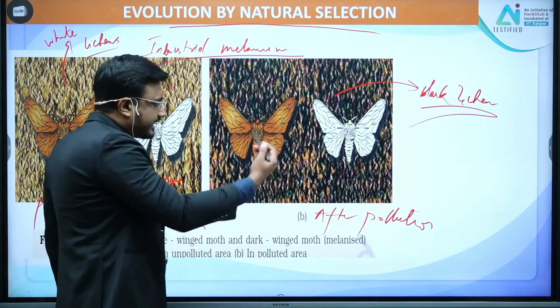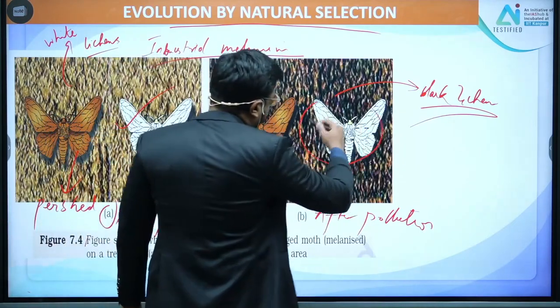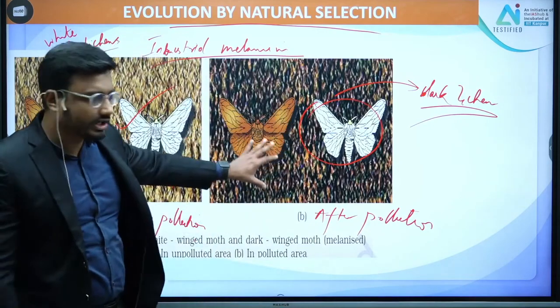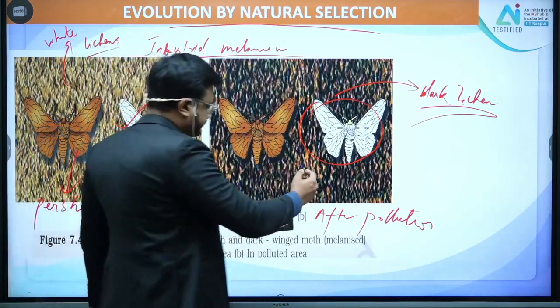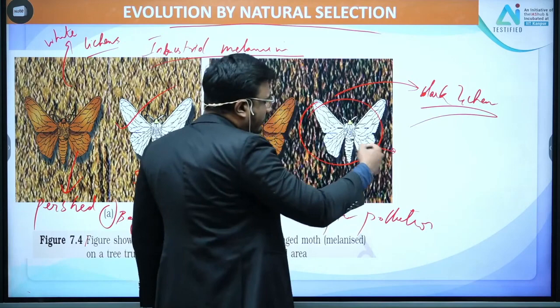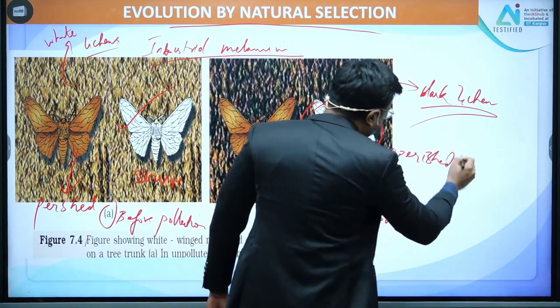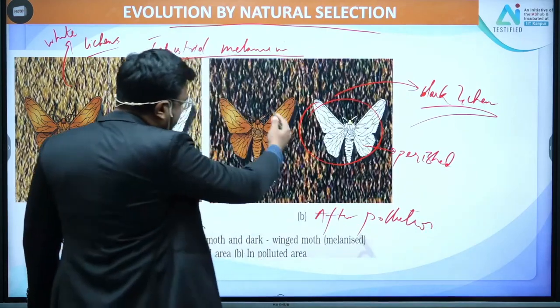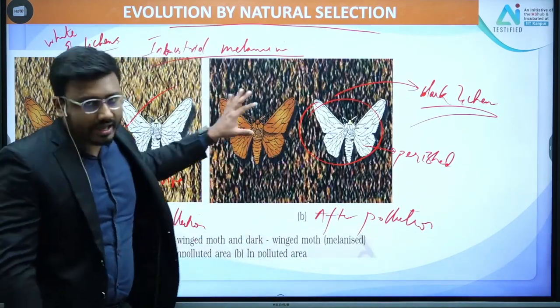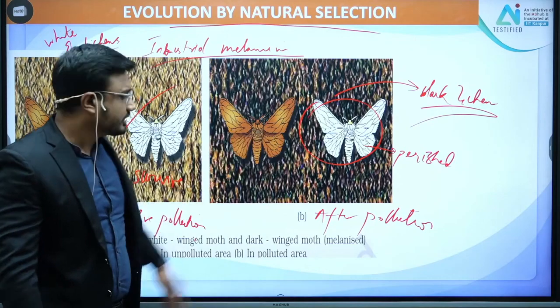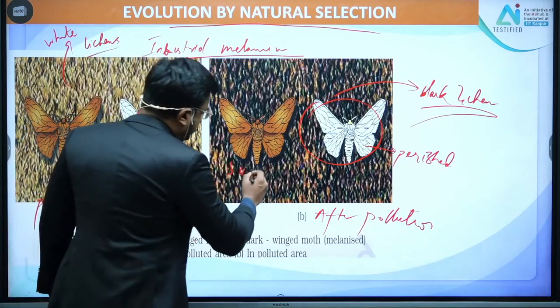It was very easy to spot the white colored moth on the dark background of the tree. Hence the white colored moth perished and was eaten by the predators, whereas the dark colored moth was able to camouflage in the dark background, so it was able to survive.